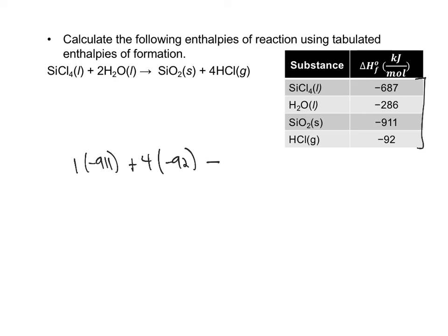And then I subtract the reactants. So I put all the reactants in brackets. And I have 1 mole of silicon tetrachloride. So, to be consistent, I'll put in the 1, right? So I've got 1 times negative 687, and then I have 2 moles of water.